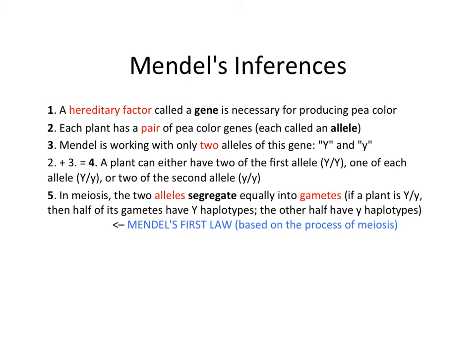If a diploid individual can have two alleles, so here we go back to post-synthesis, pre-meiosis. Let's say we're working on a P that looks like this.